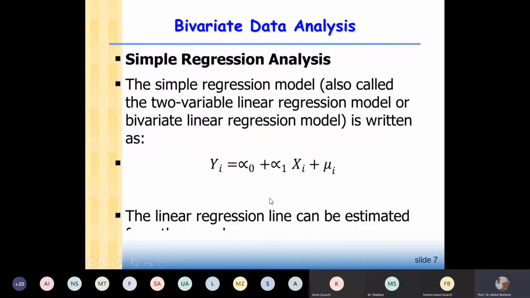We want to get such estimators of the population parameters that are very close to these two, alpha naught and alpha 1. So there is a technique which is known as OLS. Does anyone know what OLS is? Ordinary least squares method. Yes, ordinary least squares.